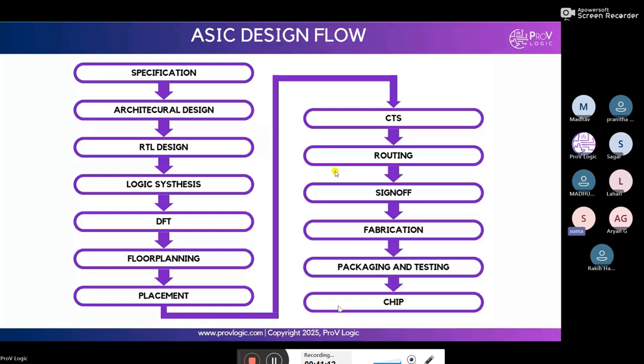There are so many clock structures, but mostly the H-tree clock structure is useful to meet power and timing. When we open the tool, it will be visible and easy to understand.